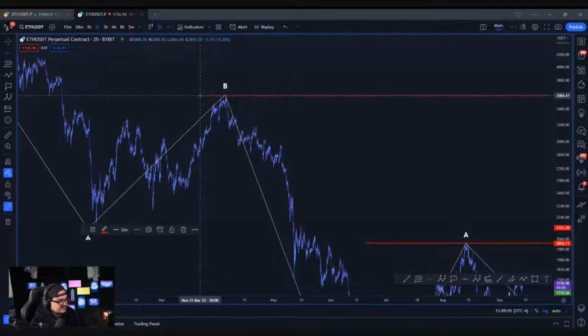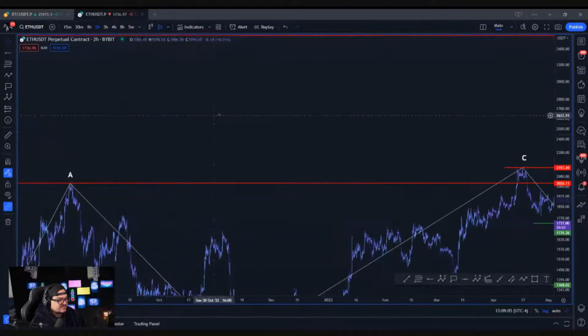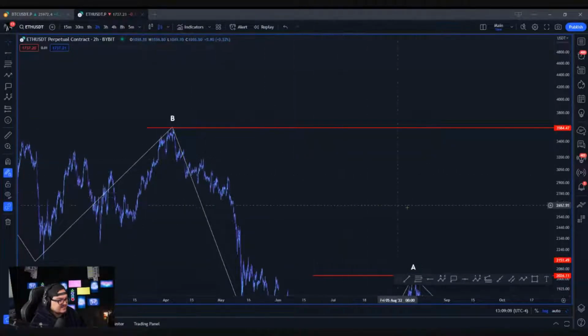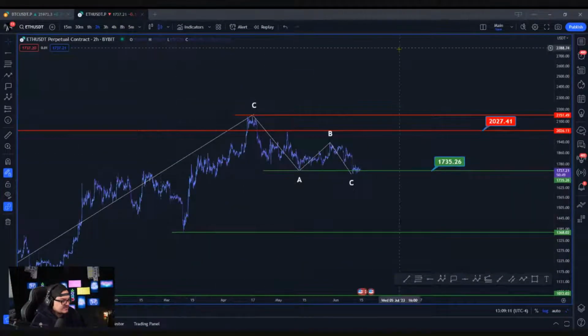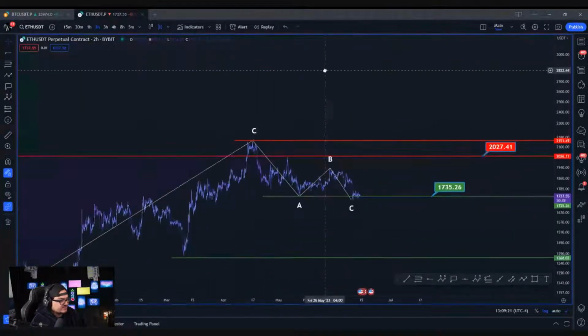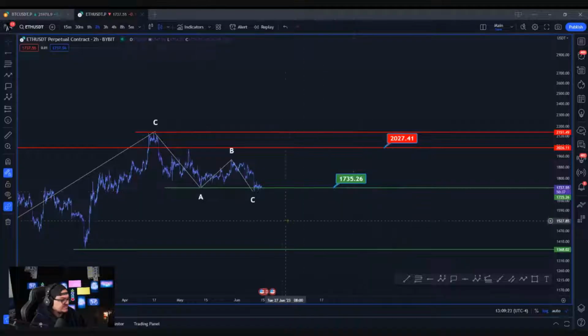For Ethereum, if we can continue to push past 2151, I really don't see why we can't test 3585 on ETH. Now, I don't think it's going to go exactly to that top. It's probably going to either overshoot or undershoot. It's kind of like a boxed in area of what could be going on. But at the moment, that's primarily what I'm looking for when it comes to resistance above us.